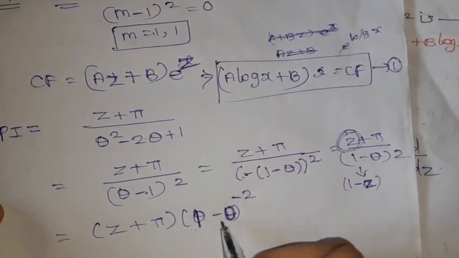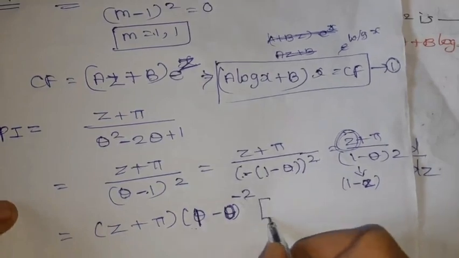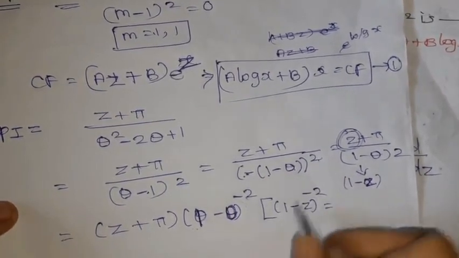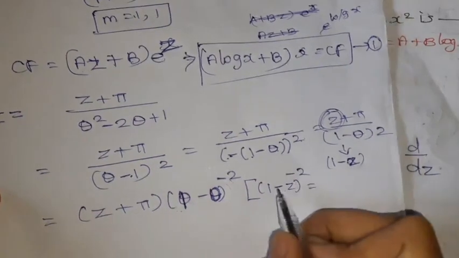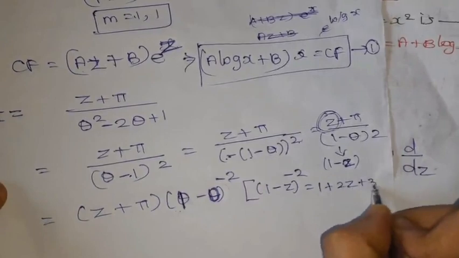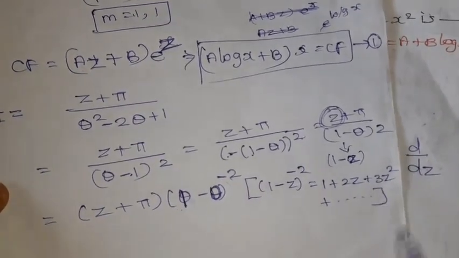For that, 1 minus theta whole power minus 2. So 1 minus z whole power minus 2 is nothing but the expansion 1 plus 2z plus 3z square. There is no other way, we should mug up this. This is the expanded series.